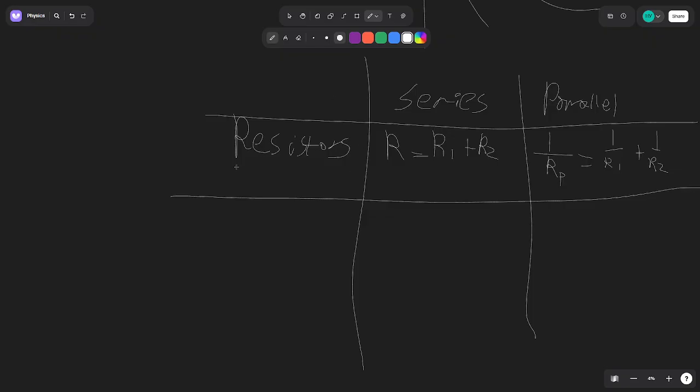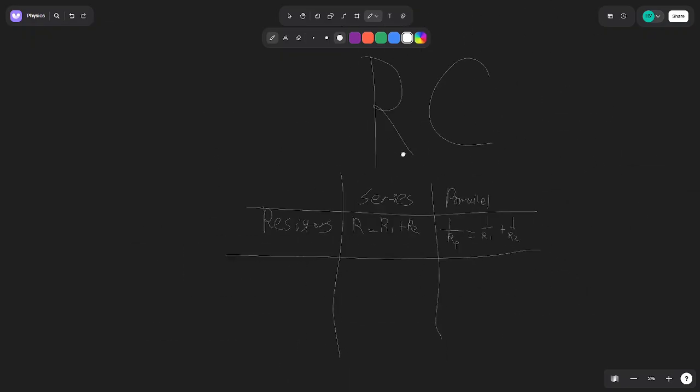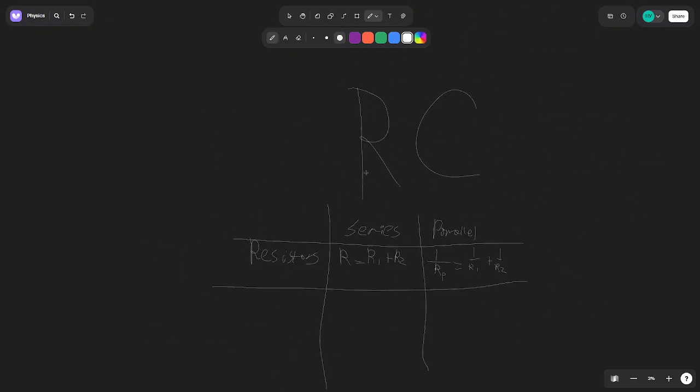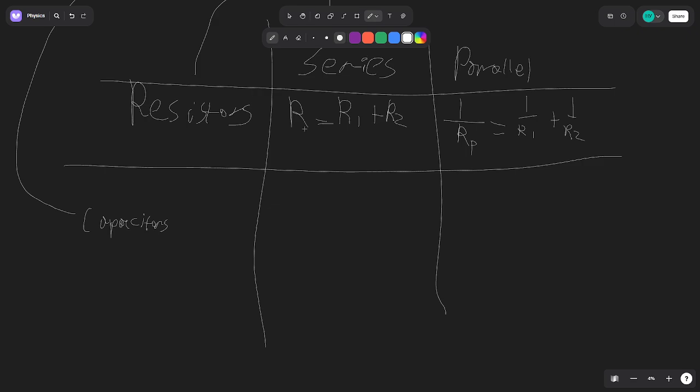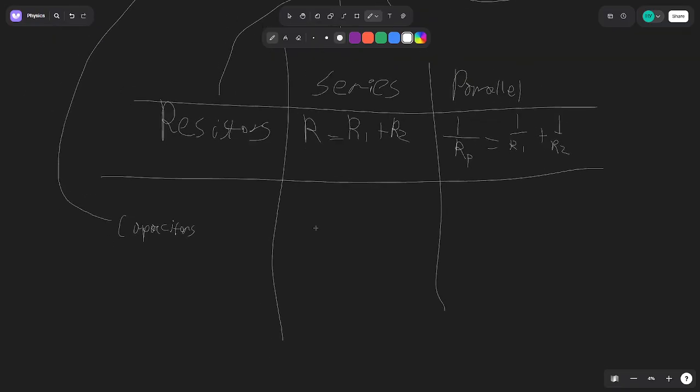But what about the capacitors? Because the RC circuits are about resistors and capacitors. And here is the absolutely opposite thing. For series, the equation looks like here.